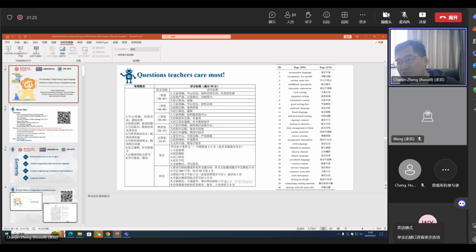We ask teachers what they care most about. We did a survey of many teachers, and they gave us a lot of items. We did some sorting and cleanup. We got the 30 questions they are concerned about the most, and we use this. We call it text. We use this as material for the prompt questions.